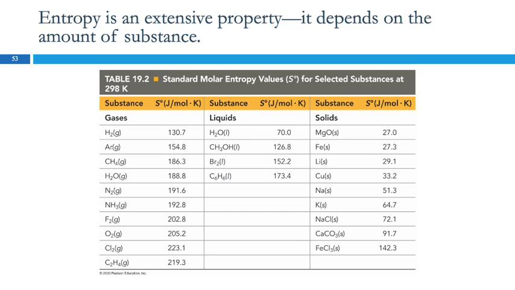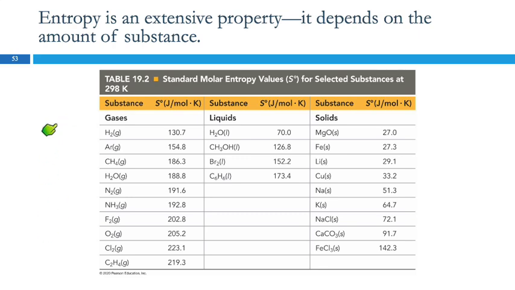Couple drops of gasoline burning on the counter, no big deal. Couple gallons of gasoline spilled and burning, okay, that's not going to be good, right? Depends on the amount of stuff. Entropy also depends on the amount of stuff. So when we look up entropies, they're going to be molar entropies, so joules per mole Kelvin.